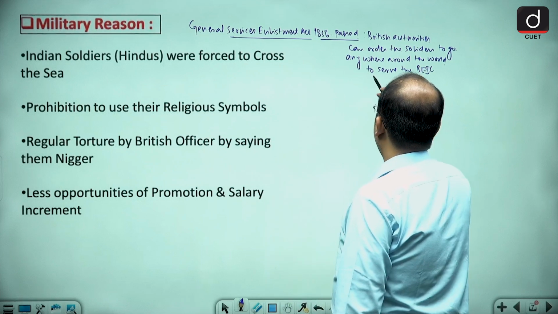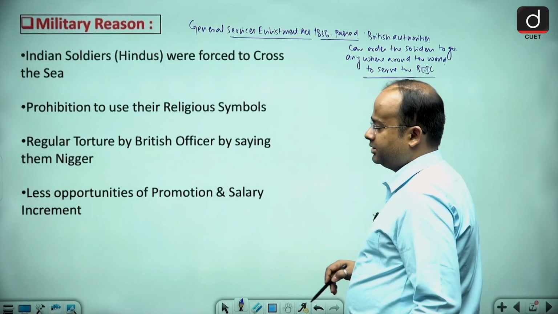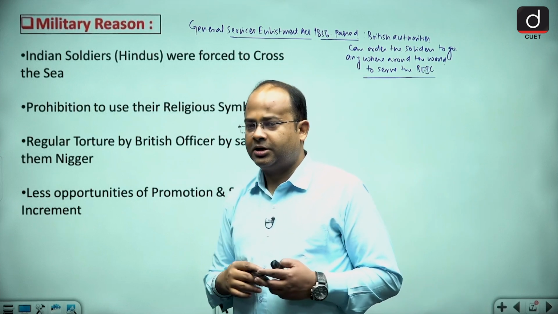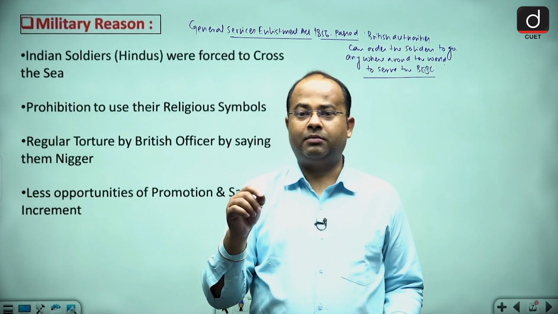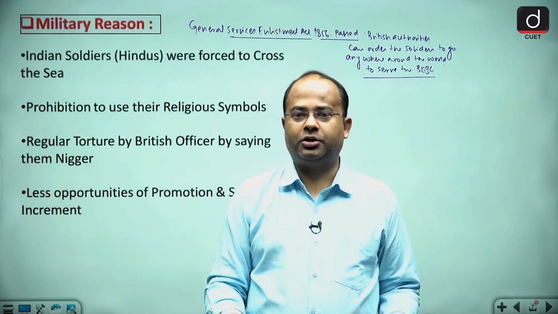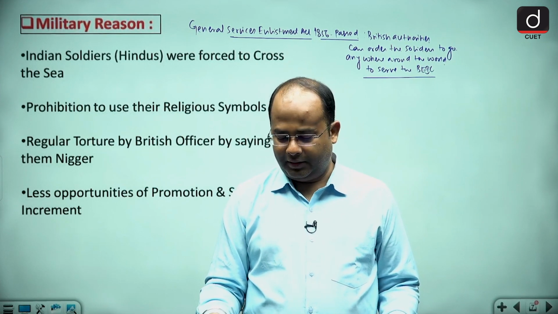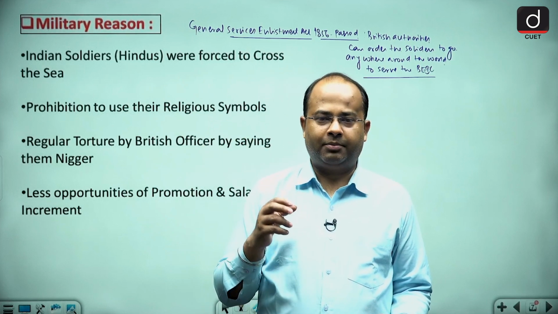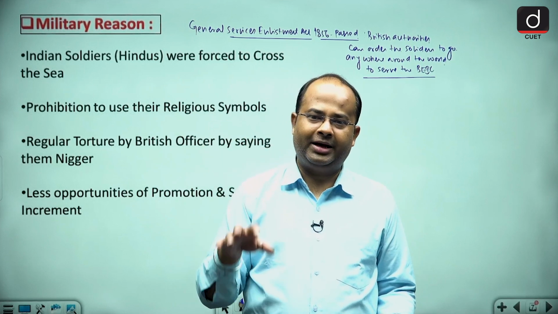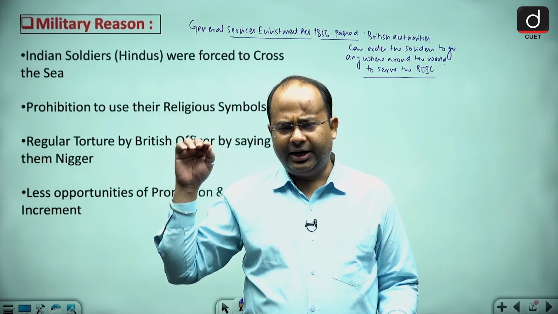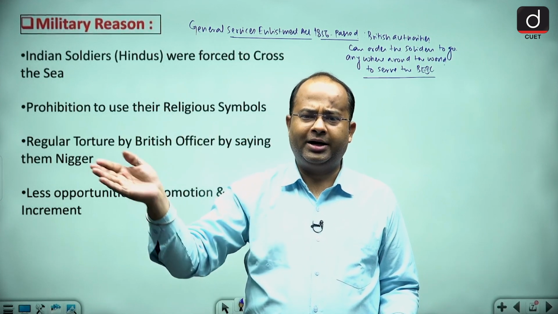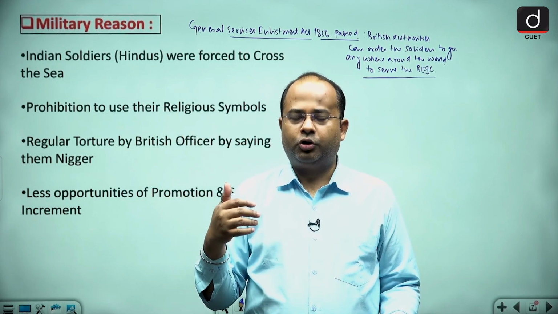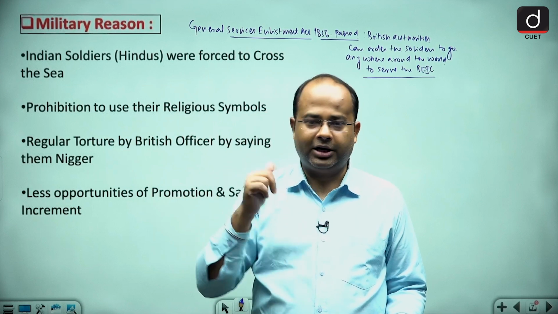So it is said that according to the General Services Enlistment Act 1856, the British authorities can give order to any Indian soldiers to go anywhere around the world to serve the British Empire. That means for war purpose or for any other purpose, the Indian soldiers can be deployed in any part of the world to serve the British East India Company.